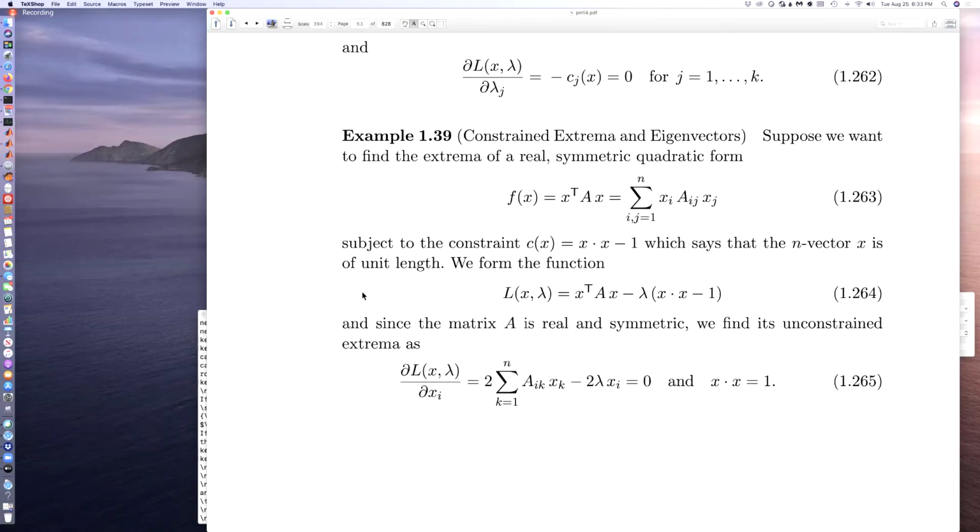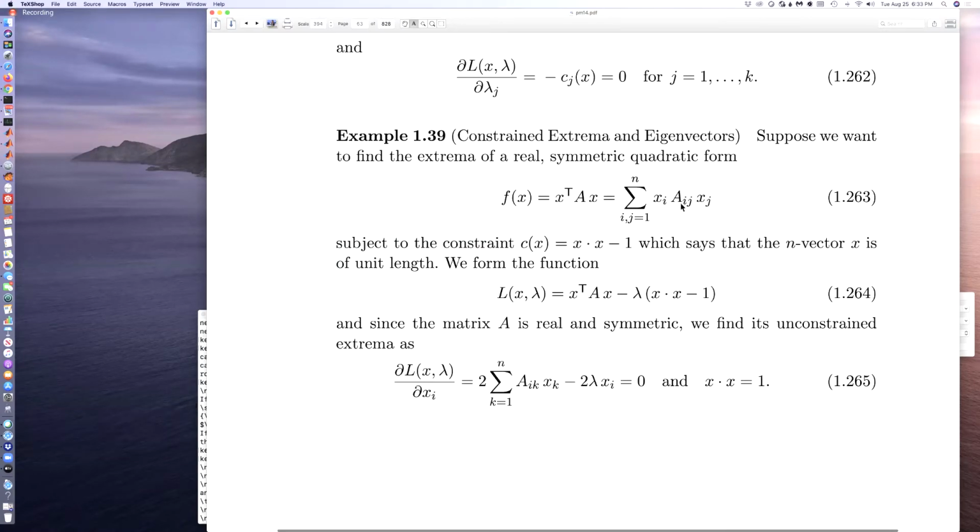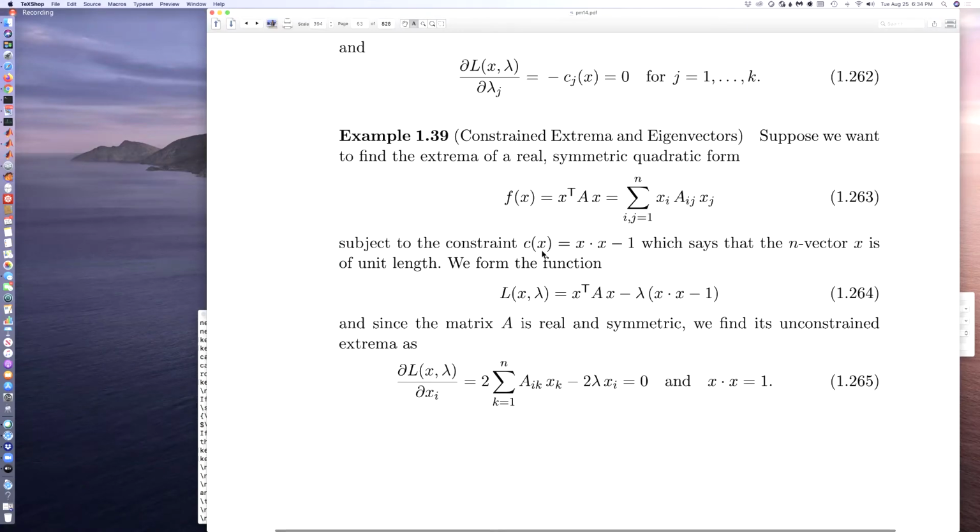One example that might be worth doing here is to say, suppose we want to find the extrema of a real symmetric quadratic form. So that's a sum over i and j, xi aij xj, and we can write it as x transpose A x. And the constraint is that C should vanish, where C is x dot x minus 1.